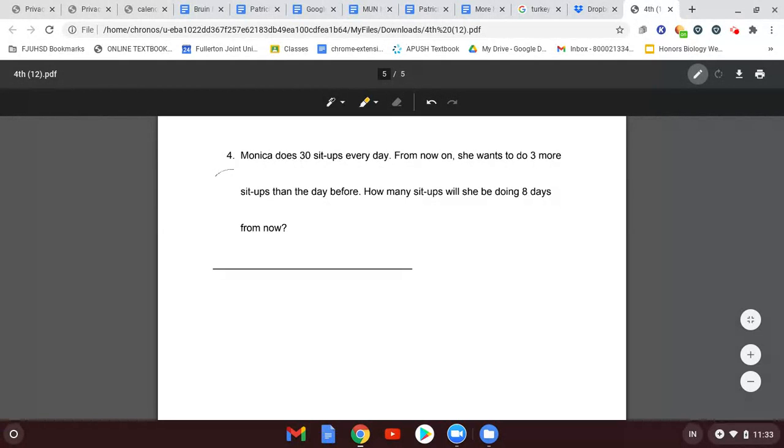By the first day she would increase by 3, by the second day by 6, by the third day by 9, by the fourth day by 12, and as you can tell, these are all multiples of 3. Therefore, we can just do 3 times 8, which is 24. However, that's not the answer, because she wants to increase, so she wants to increase by adding 24 to 30. Therefore, she would be at around 54. She would want to do 54.